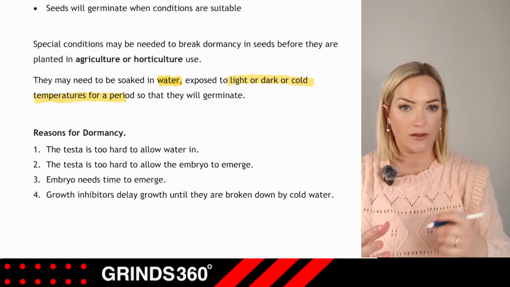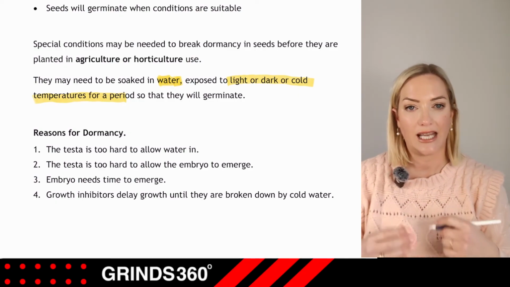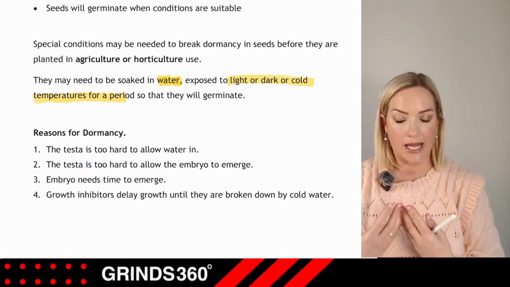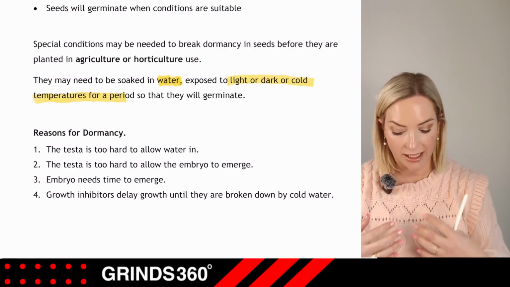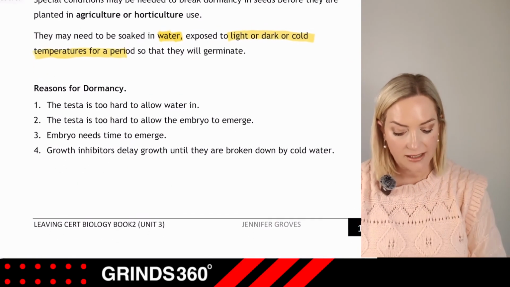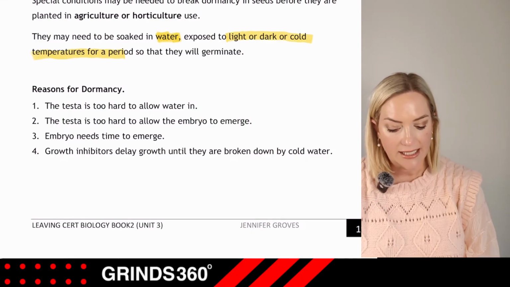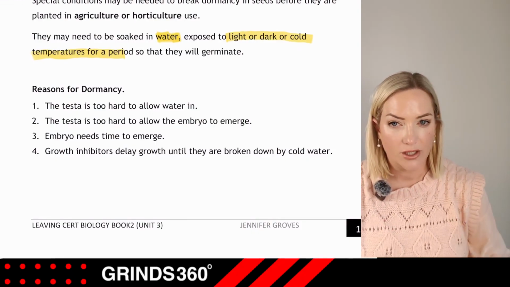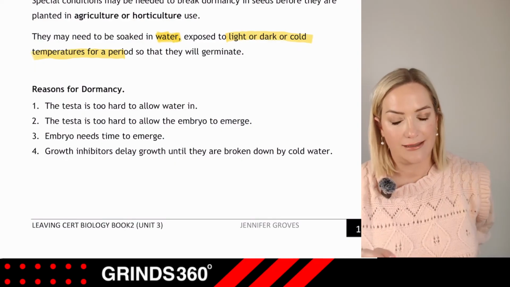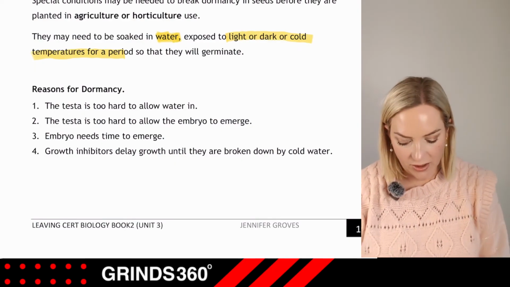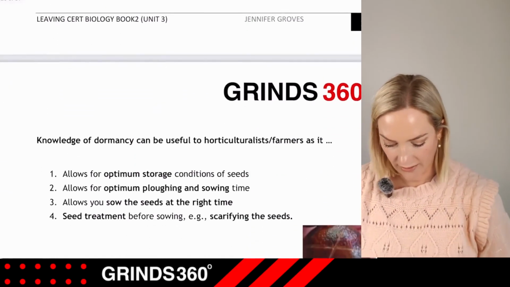So the developing embryo can break down and use the nutrients that are there. So reasons: testa too hard to allow water in, testa too hard to allow the embryo to emerge, and the embryo needs time to emerge, and growth inhibitors could be there for that.